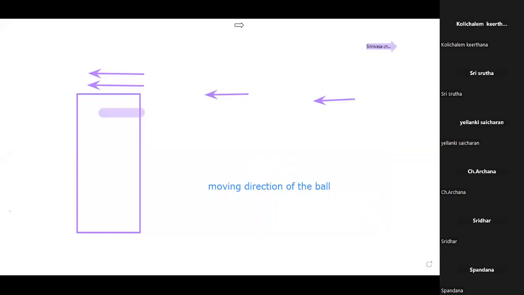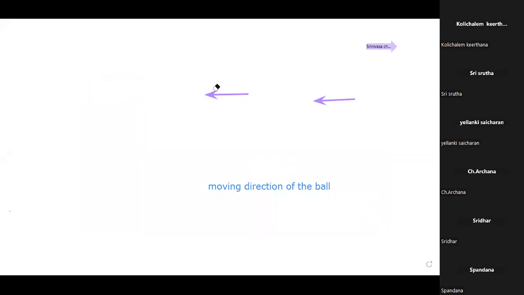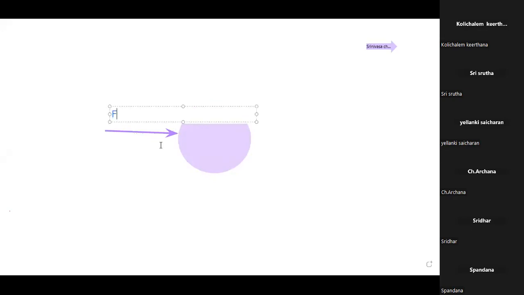So friction, already we discussed regarding friction. Friction is nothing but, you see, a ball is moving, the force is applied in this direction. This is force. F means force.